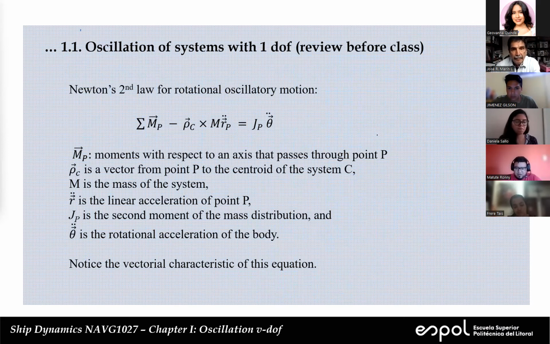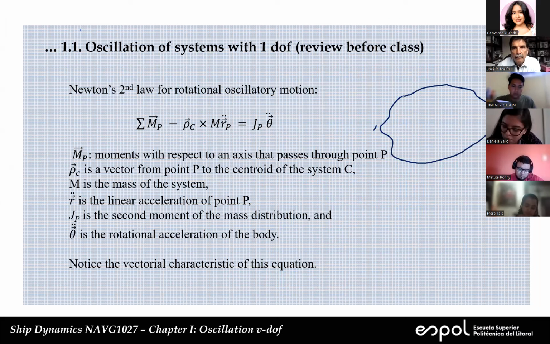When we apply Newton's second law with rotational motion, okay? This is a general expression. This is from your course in dynamics, okay? So we have a system here, of a point here where we have the centroid of the mass, okay?